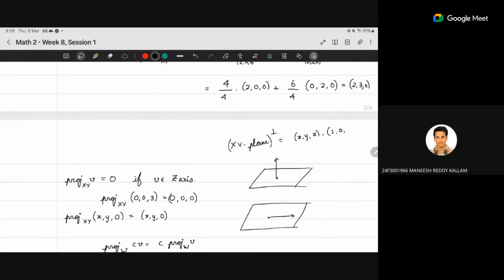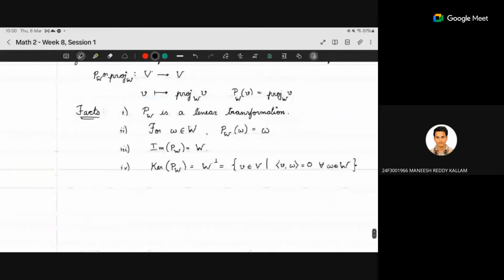In particular, you need x to be 0 and y to be 0, and you can show that it's actually the precise condition. Everything of the form 0, 0, z forms the entire set of vectors which are orthogonal to every single vector in the given subspace. I understood. I got it, sir.